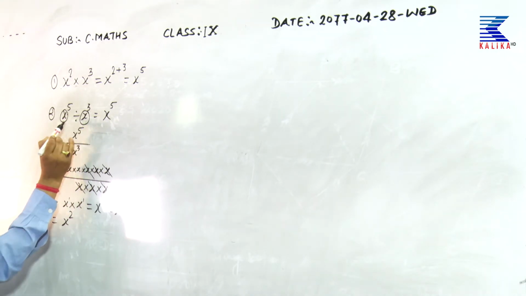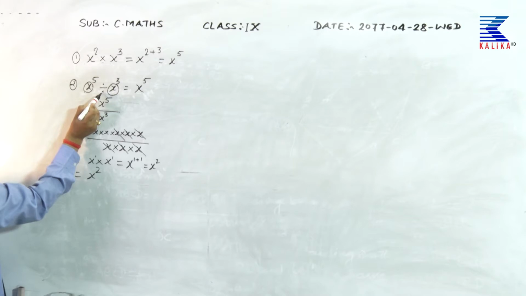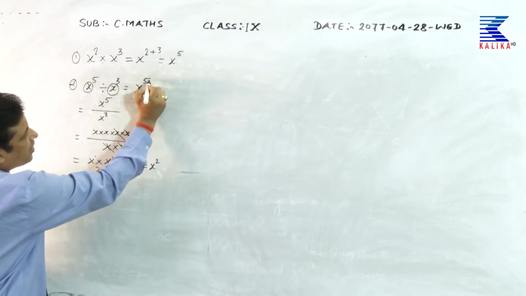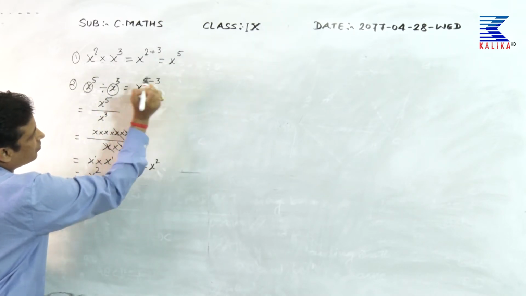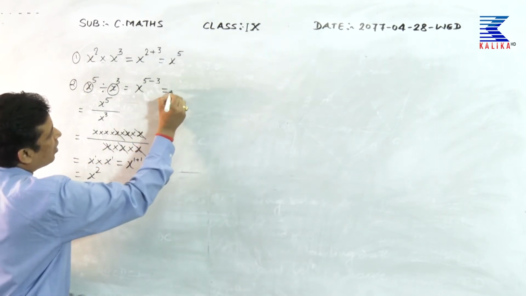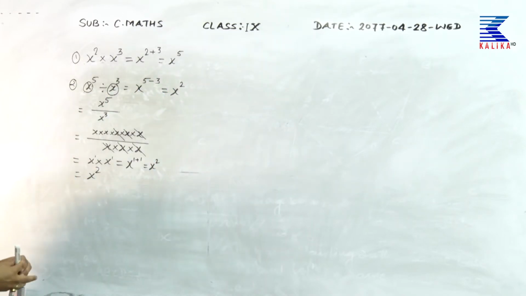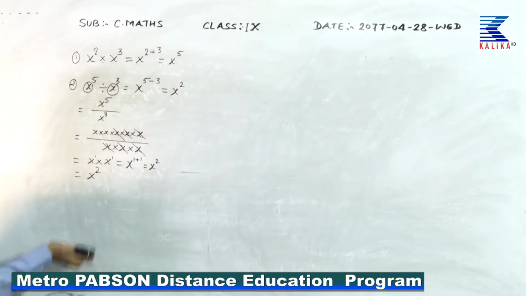If the bases are the same and the operation sign is division, we subtract the powers this way. So it becomes x square directly. This is the law of indices. Later on we will generalize the law.